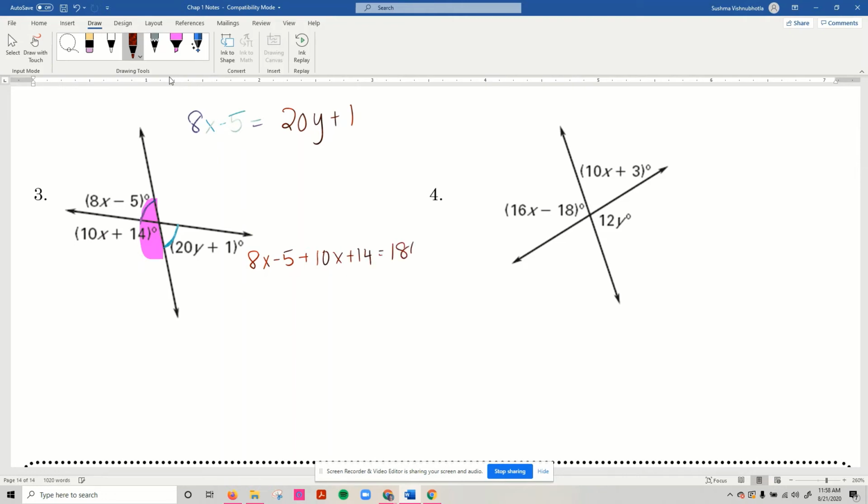Or I must find x first. So add them, set them equal to 180. Combine like terms.